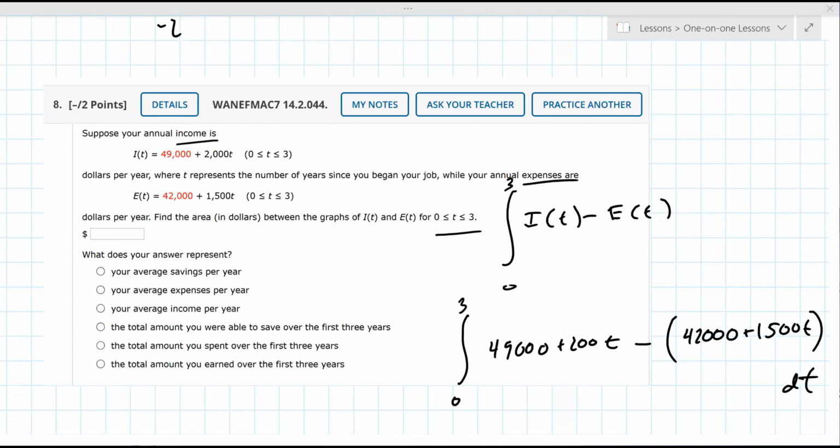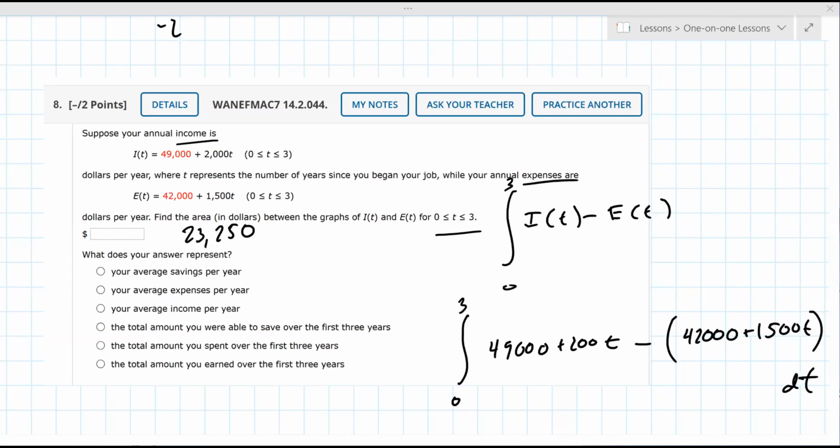I got a slightly different number. Let me see if I enter this correctly. I got 23,250. $23,250. Let me check mine again. 49,000 plus 2,000, oh, I put 200 instead of 2000. That's why. All right, let me enter this value.